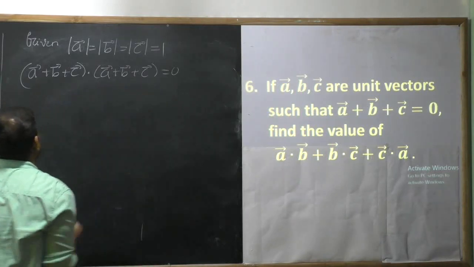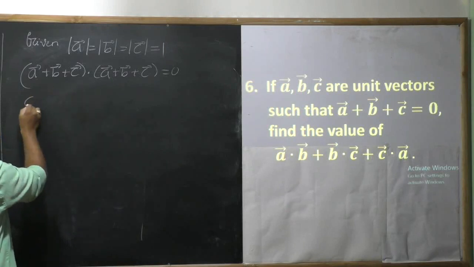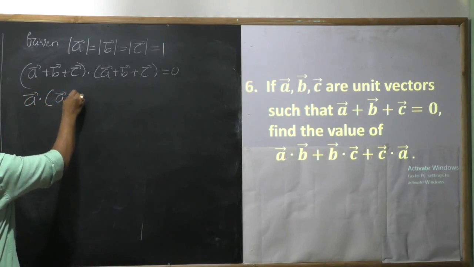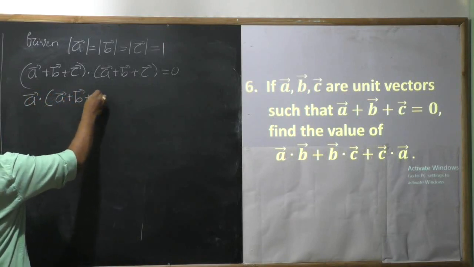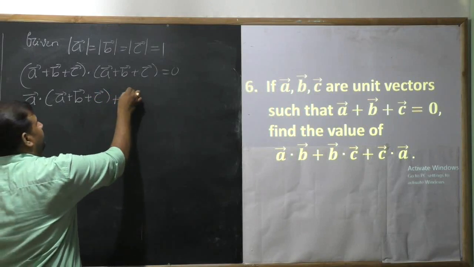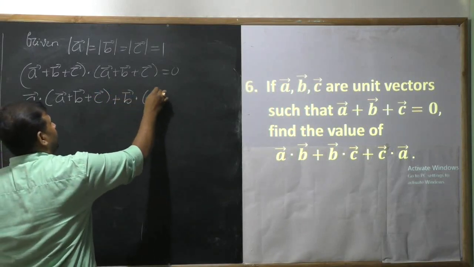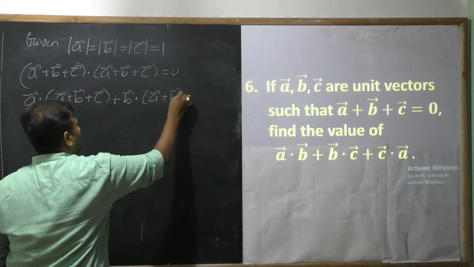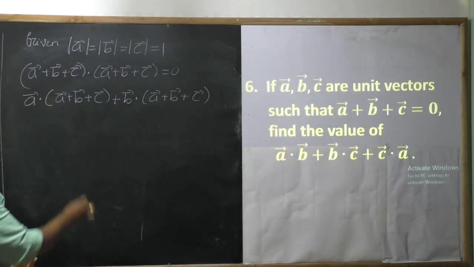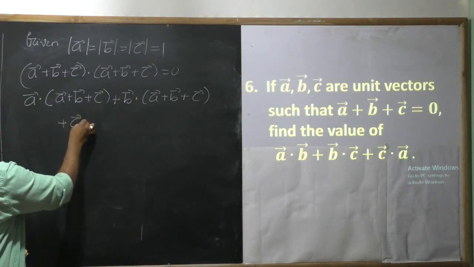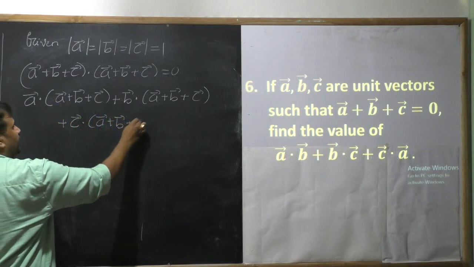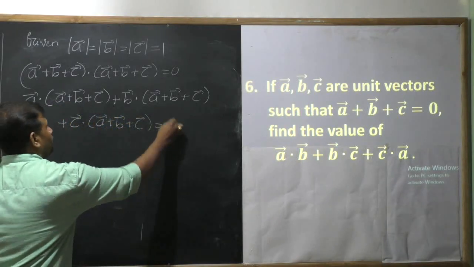This can be written as vector A dot vector A plus B plus C, plus vector B dot vector A plus vector B plus vector C. I am just splitting this, plus C dot vector A plus vector B plus vector C is equal to 0.